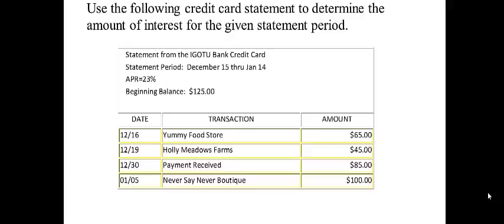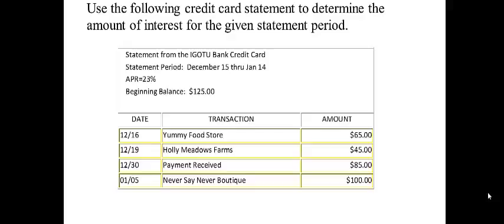In this case, my principal is the beginning balance, what I've already charged to my card. That's my principal, that's my initial investment. Then the interest is what I actually have to pay extra in addition to that original amount put down. So the beginning balance that I have is 125.